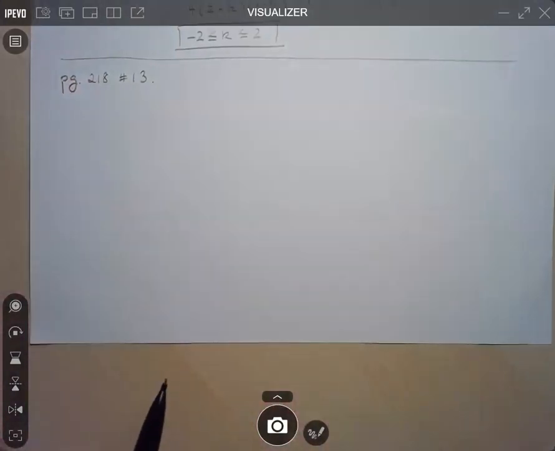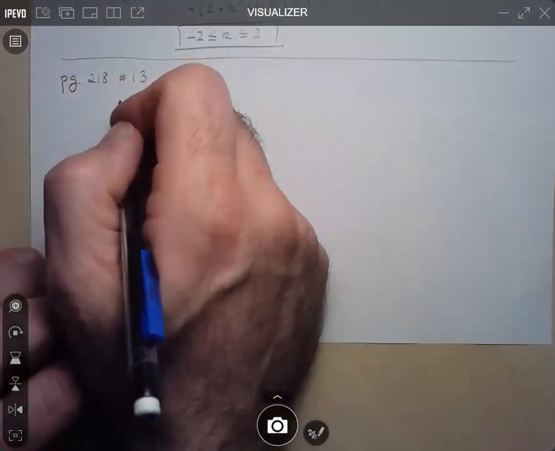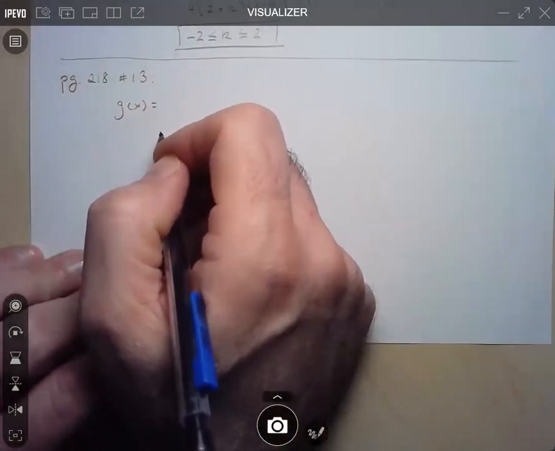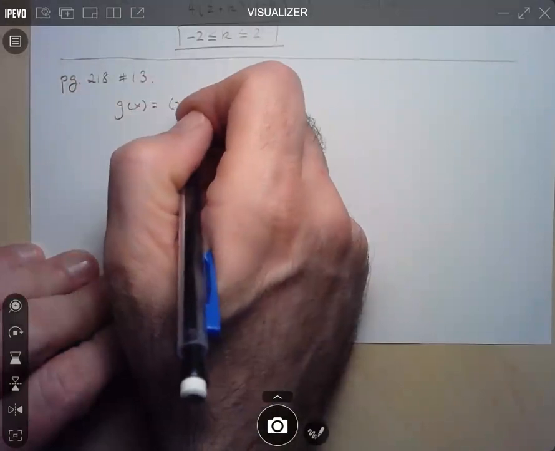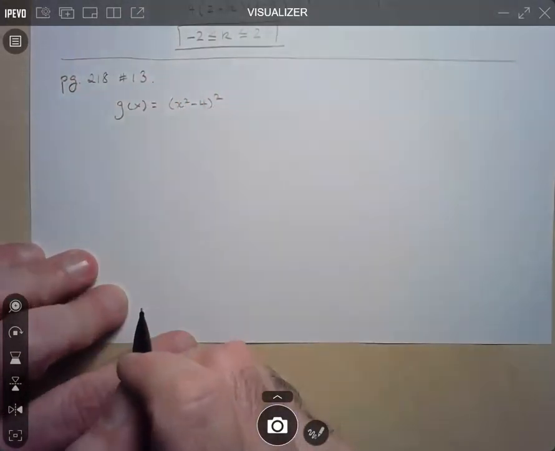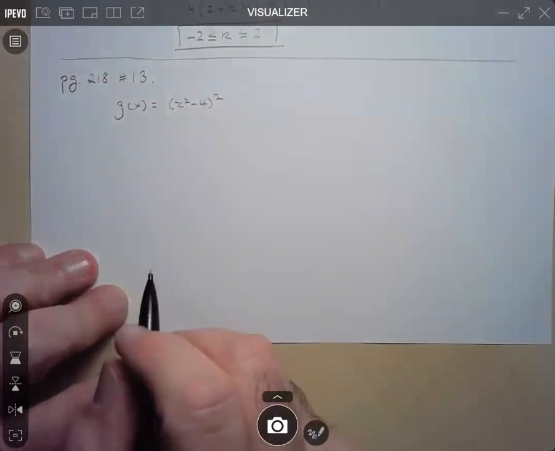It says determine the critical numbers and the intervals on which the function g of x is increasing or decreasing. All right, so let's do g of x is equal to x squared minus 4, squared. And we need to determine critical numbers and increasing and decreasing.